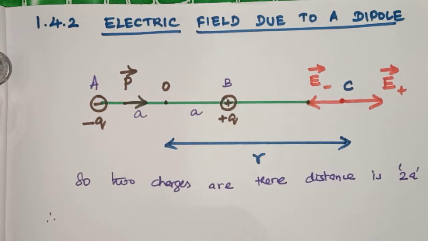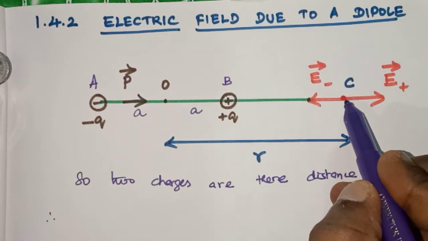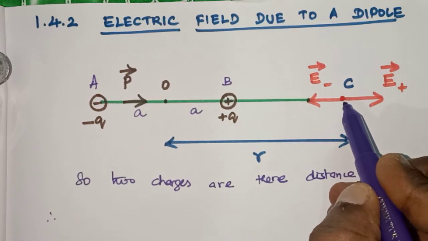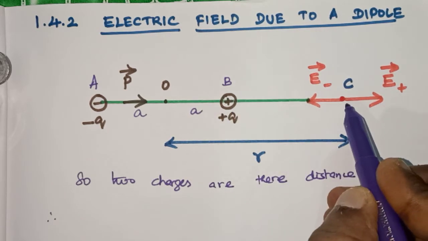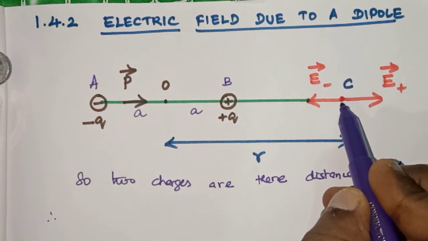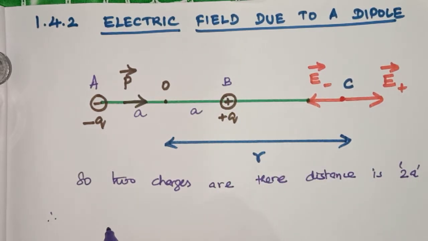Therefore, what is the field created here due to plus Q? It is given by E vector plus.